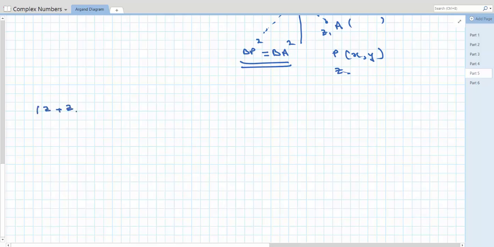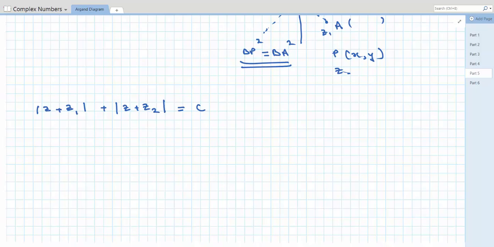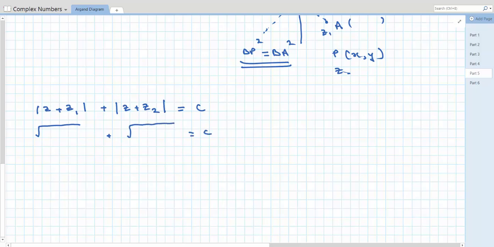Let's look at |z + z1| + |z + z2| equals a constant C. Now you might be tempted to do what we did in the part above, where you'd look at the distance formula plus the distance formula equals C. The problem here is when you square the left hand side and the right hand side, you continue to end up with a square root sign.